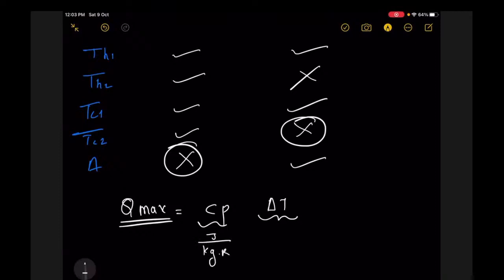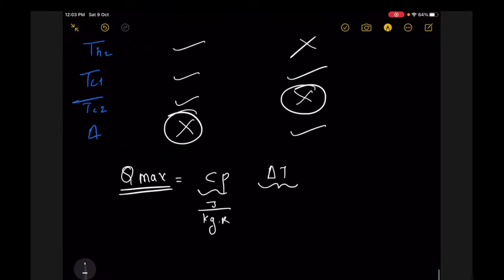It means how much heat is required to raise the temperature by 1 degree Kelvin or 1 degree centigrade. Joule energy per kg. So it means that the fluid which has a higher CP value, more energy will be required to raise the temperature of that fluid.